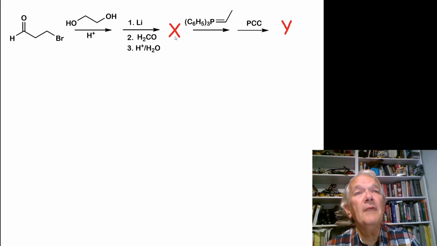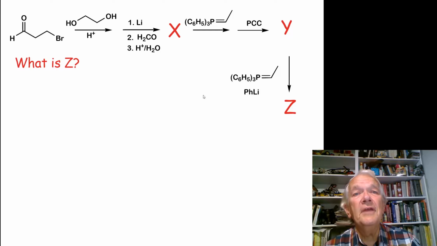That's going to give me compound X. We're going to do a Wittig with that. We're then going to do an oxidation of something or other to get Y. That's going to do another Wittig, and make us compound Z.